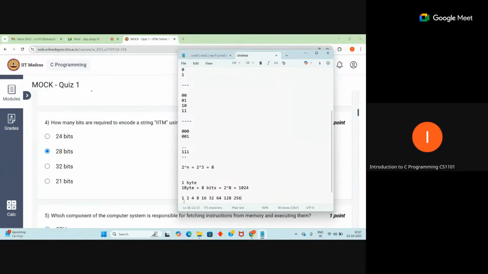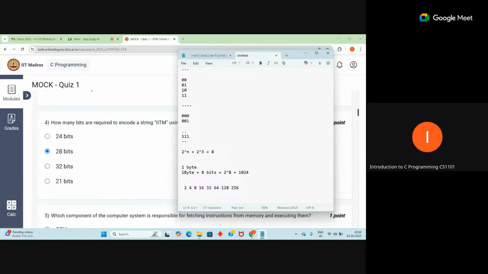If you take 1 bit, you get 2 power 1, so two different values. 2 bits, 4. 3 bits, 8. 4 bits, 16. 5 bits, 32. 6 bits, 64. 7 bits, 128. So we can represent 256 different values if we use 1 byte of data.